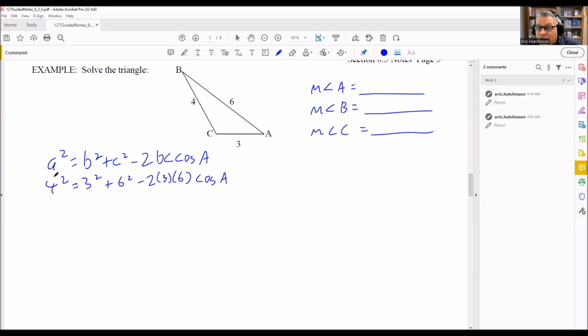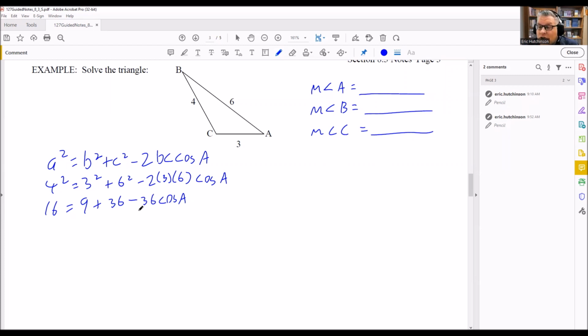So we just need to simplify this. 16 equals 9 plus 36 minus, this will be 36 also, cosine A. Now be careful, there's no like terms here with these second two. The first two are like terms, but these second ones are not.